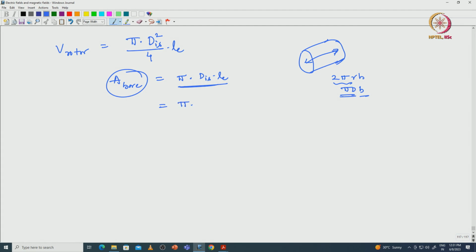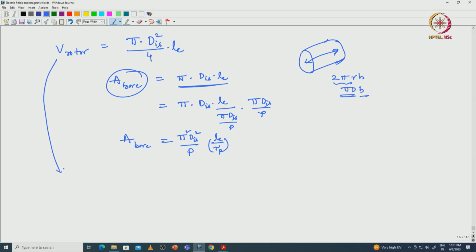So, from here pi dis into Le by tau p, I am multiplying both above as well as below, numerator and denominator, by pi dis by p. Then it will result in Le by tau p aspect ratio, then pi dis square by p, number of poles. This is the area of the bore with respect to the air gap.